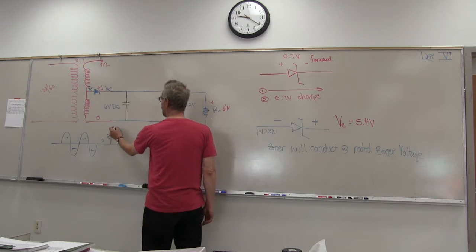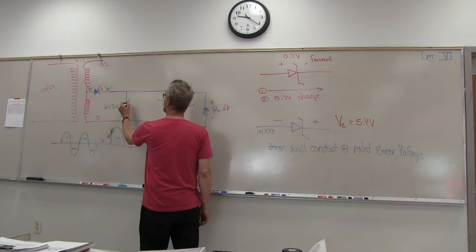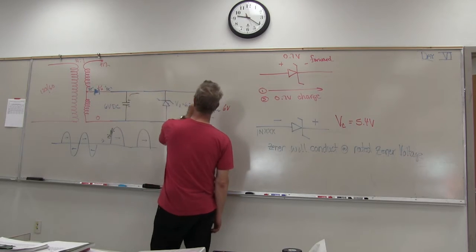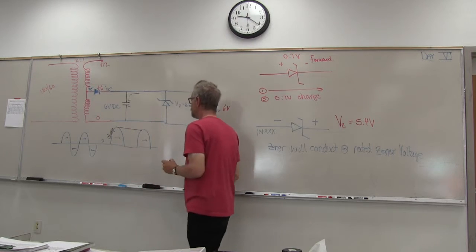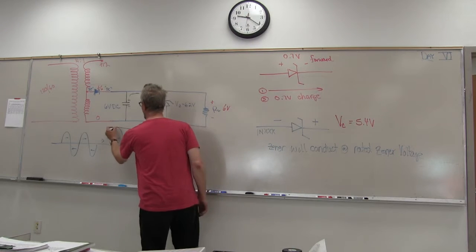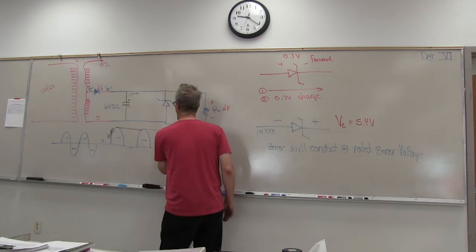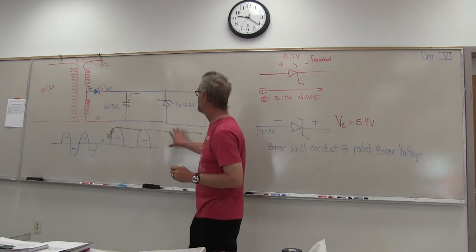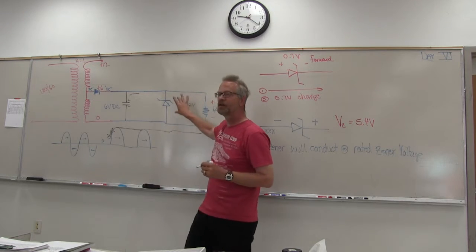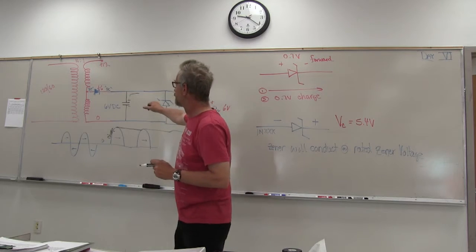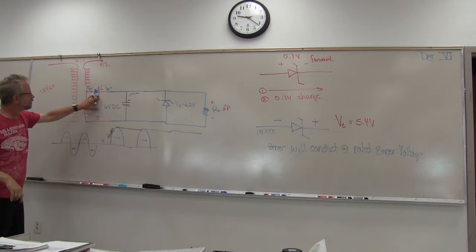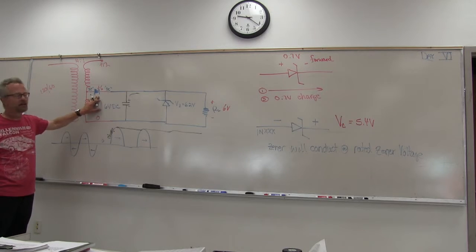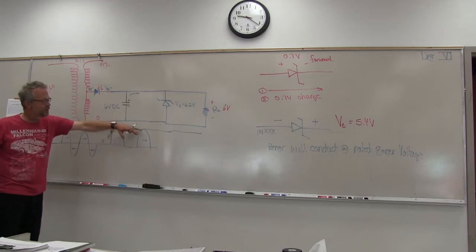The voltage is going to go away. The cap then being charged is going to discharge out through the resistor. And we're going to ultimately end up with a pretty flat waveform of DC going into this part of the circuit. The diode is limiting flow to one direction, and the capacitor is smoothing that out.